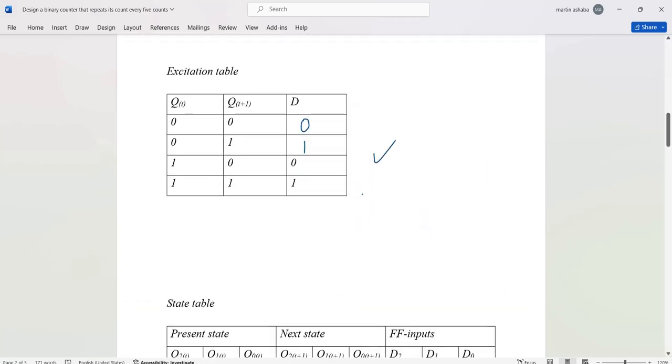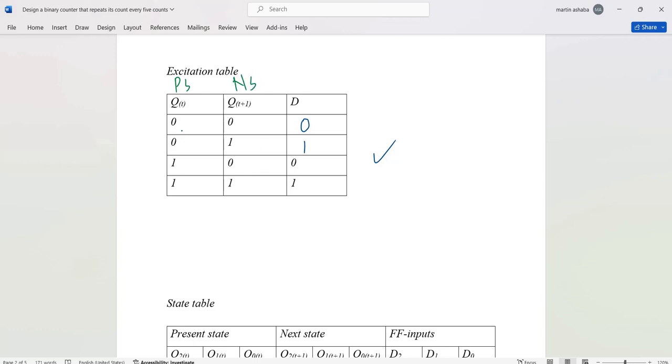The excitation table tells us how a D flip-flop is going to behave when we have the low and high states at the present state and the next state. So Q of T is the present state, and Q of T plus 1 is the next state.